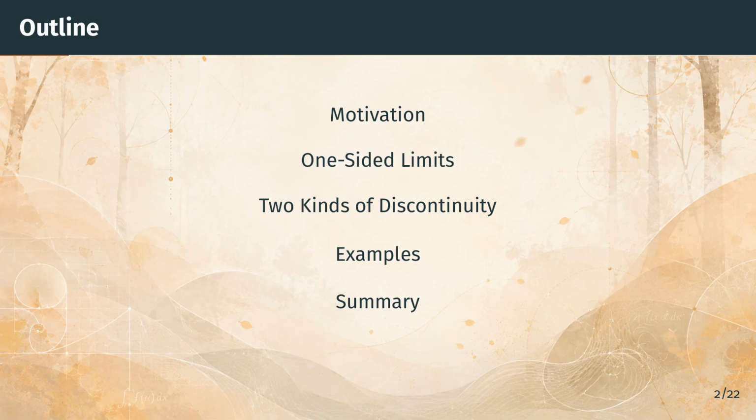Then we define the right-hand and left-hand limits of a function, the basic tool for the whole section. With those in hand, we define the 2 kinds of discontinuity, the simple ones of the first kind and the wilder ones of the second kind. We then study 4 examples in detail and close with a summary of what we have learned.